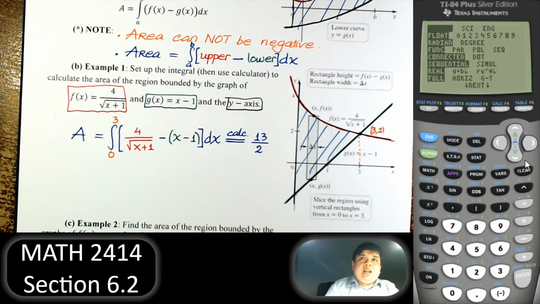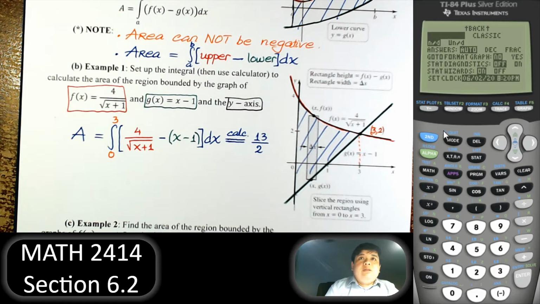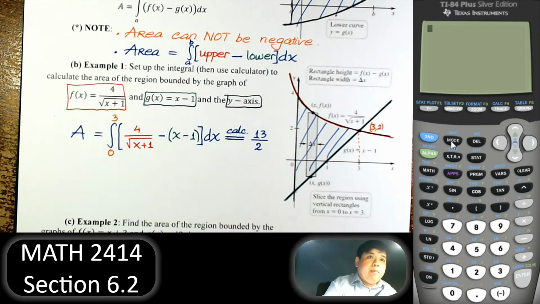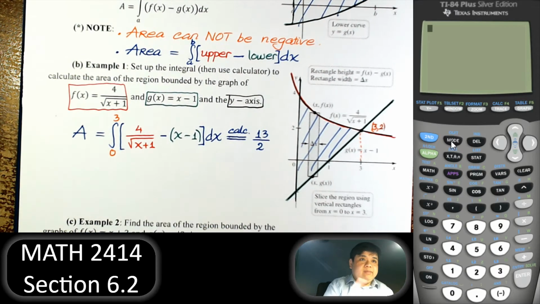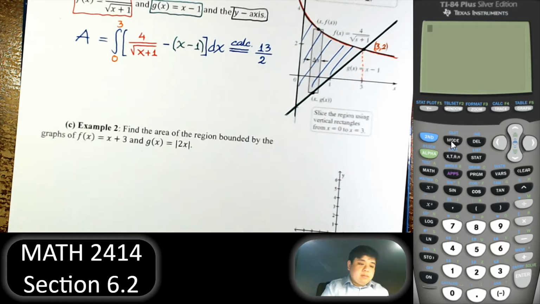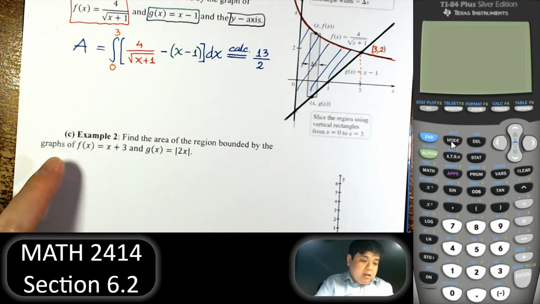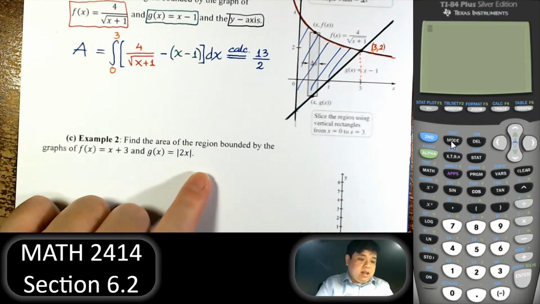I will switch back to math print. Right, so just have that. So upper function minus lower function, and then the limits. Pretty much it. Next, find the area bounded by the graph of this, and that.